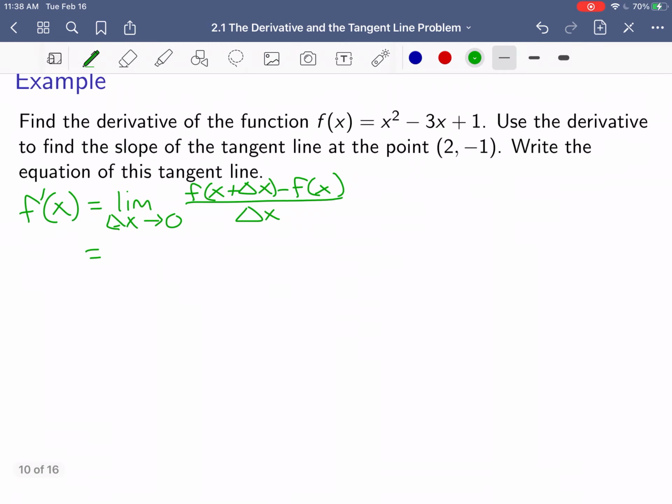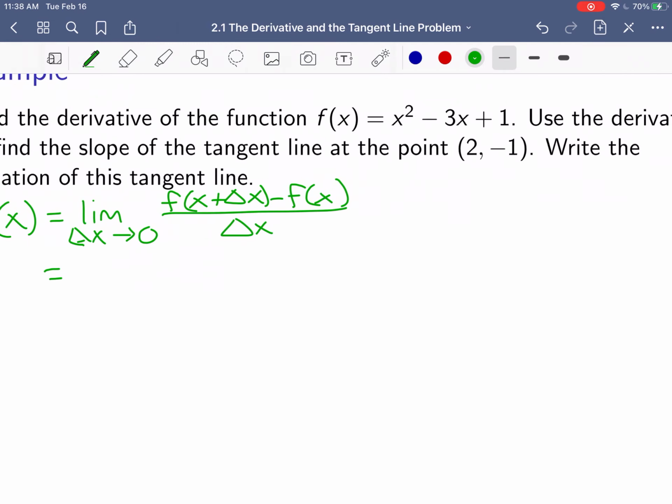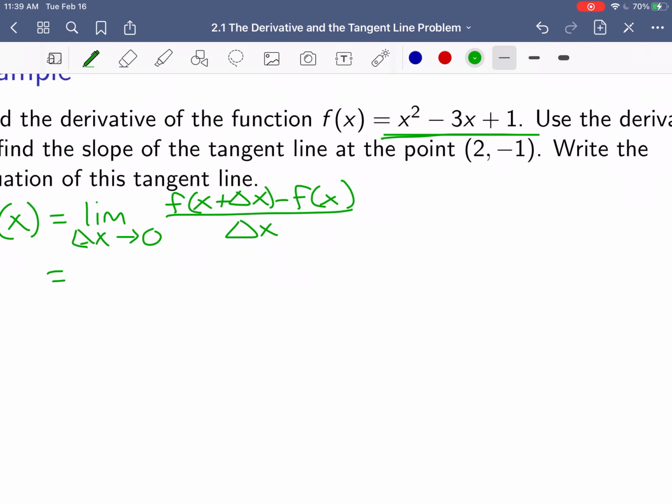And so, for this problem, we have our function here. We're going to take x plus delta x and plug that in place of all the x values. So we have a limit as delta x approaches 0. We have x plus delta x squared, right?